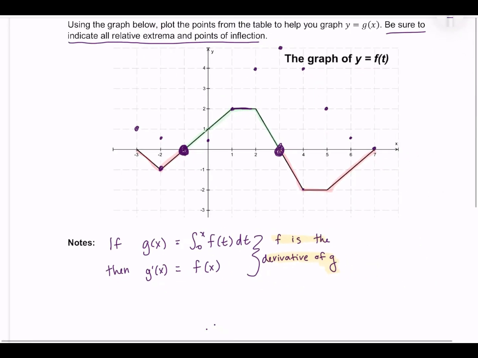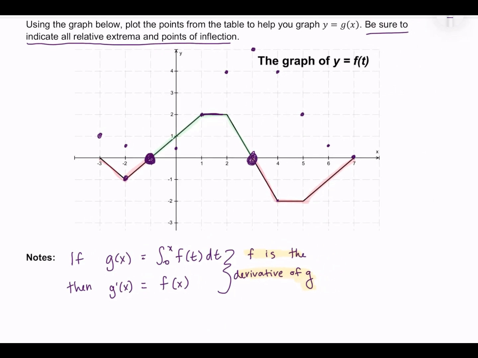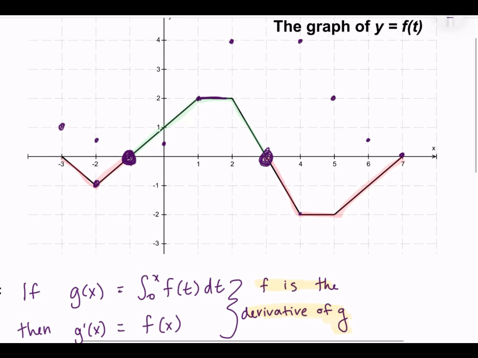But we're going to use all that information we just found to now fill in this graph. So I'm going to show you how I would fill this beautiful graph in, and then you can check to make sure it looks good, if you agree with it. So I know I have an inflection point here, so it changes from concave down to concave up.